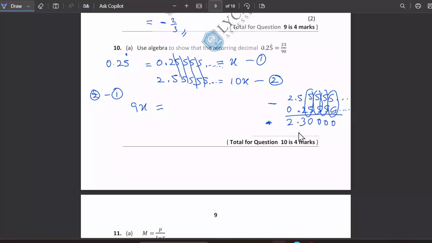Then after that I get 9x equals 2.3, so x equals 2.3 over 9. I can write it by multiplying both numerator and denominator by 10. I can write it as 23 over 90. Okay.